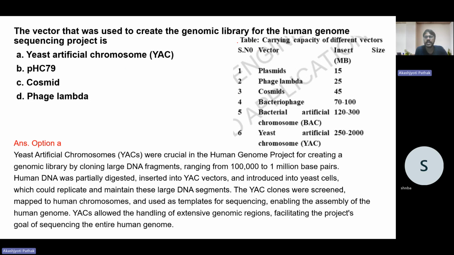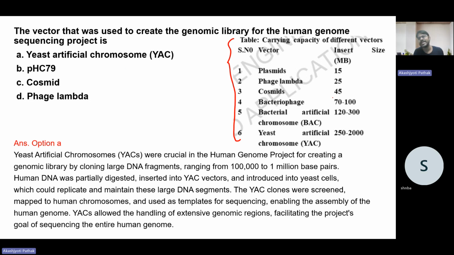So this table was there in your lecture slides as well. For cloning an insert in a plasmid vector, your insert can be 15 kilobases. For phage lambda, it can be 25. For cosmids, it can be 45. For bacteriophage P1, 72.